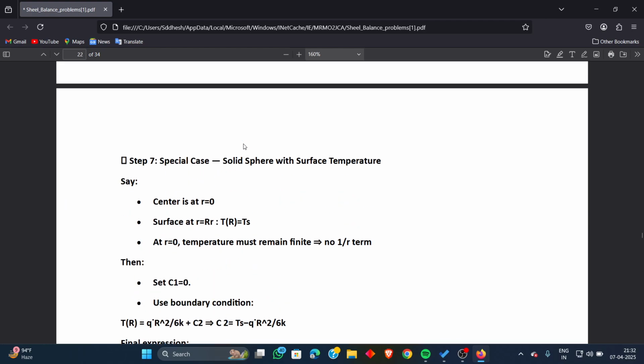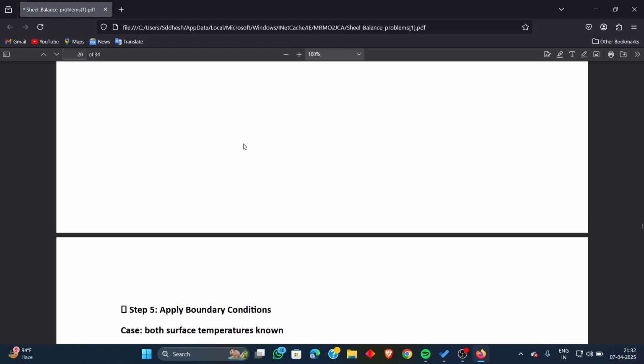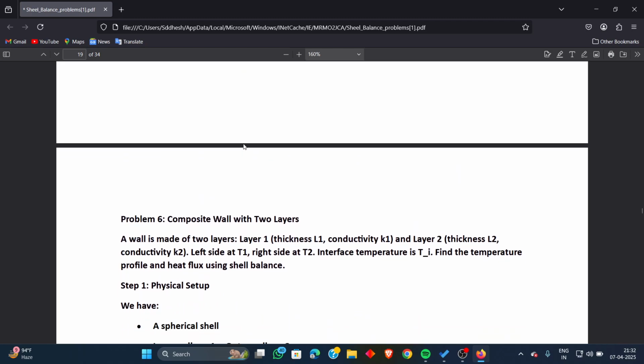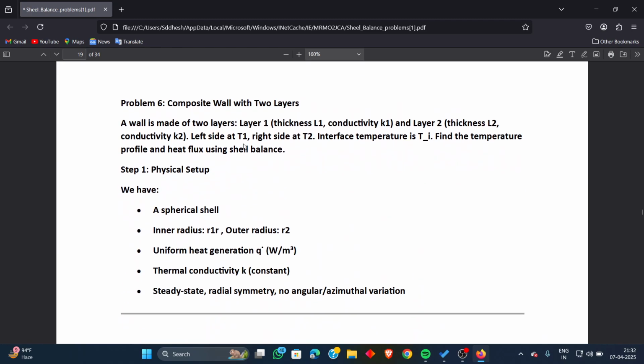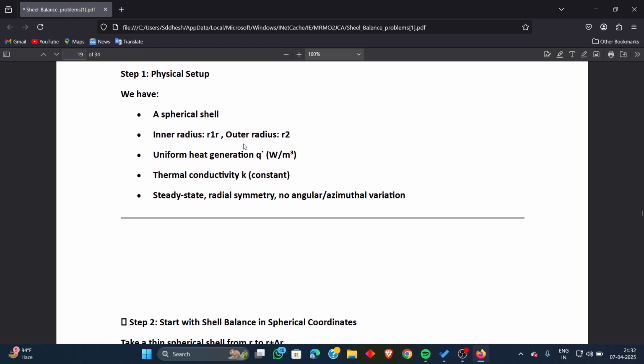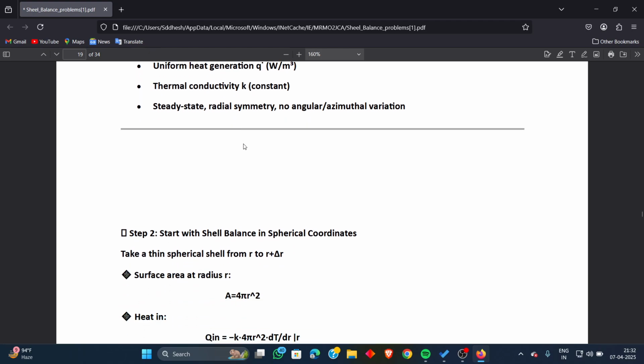So this was a question that we have solved, the sixth one. We'll go through it again, understanding all the steps. This question was on a composite wall with two layers. Step one was the physical setup: understanding all the points given in the question and summarizing them down to four to five lines.